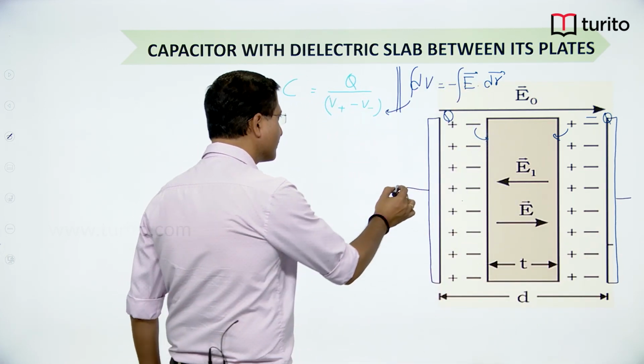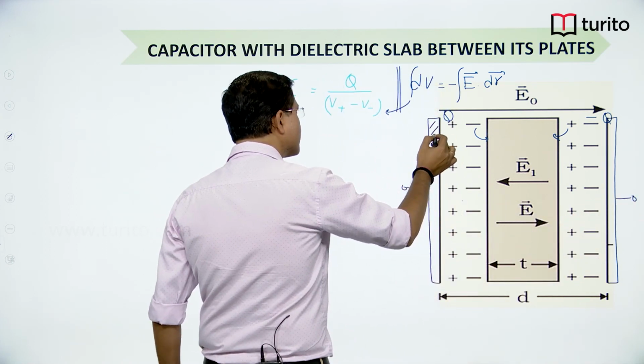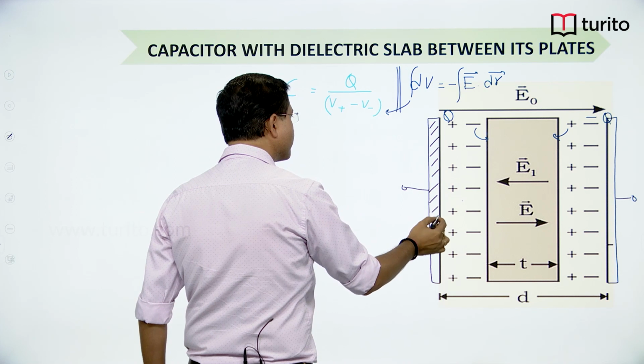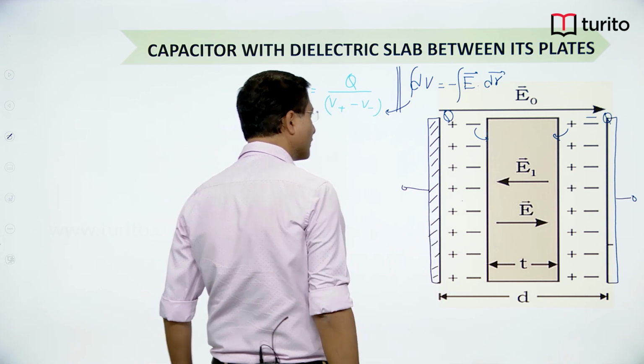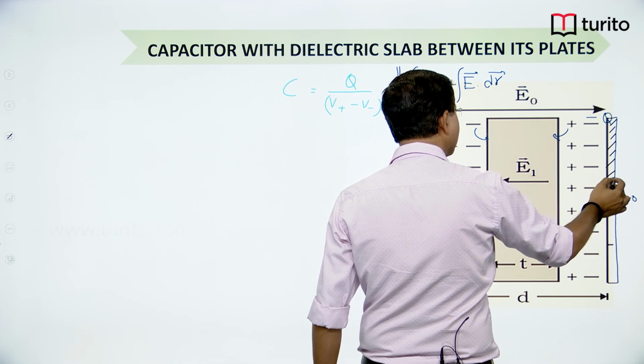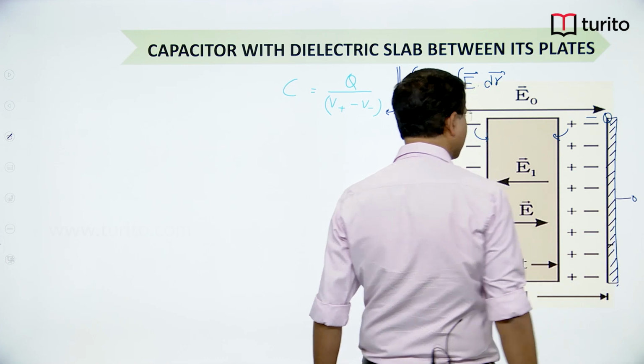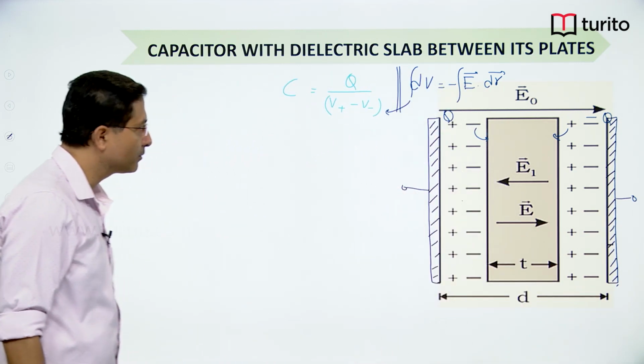Now see, this is our capacitor plate. I hope the diagram is now clear.